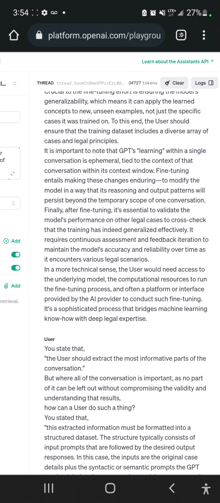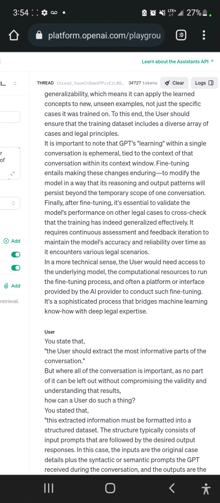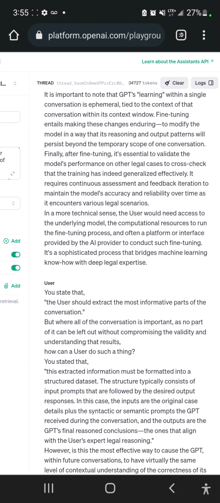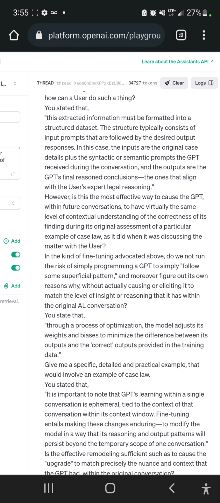User responds to this and states that you state that, quote, the user should extract the most informative parts of the conversation, but where all of the conversation is important, as no part of it can be left out without compromising the validity and understanding that results therefrom, how can a user do such a thing? Furthermore, as it goes on to state here, you stated that, quote, this extracted information must be formatted into a structured data set.